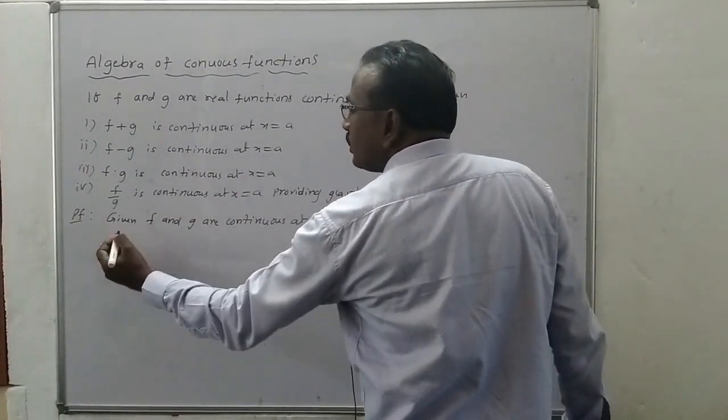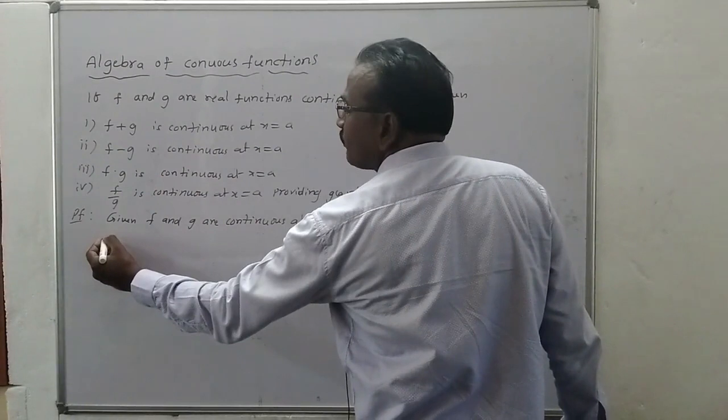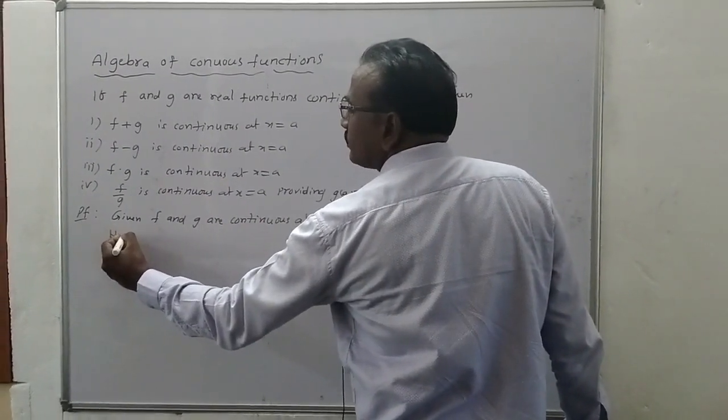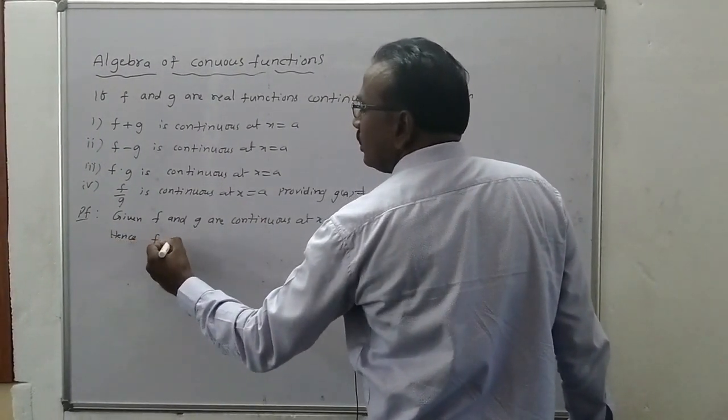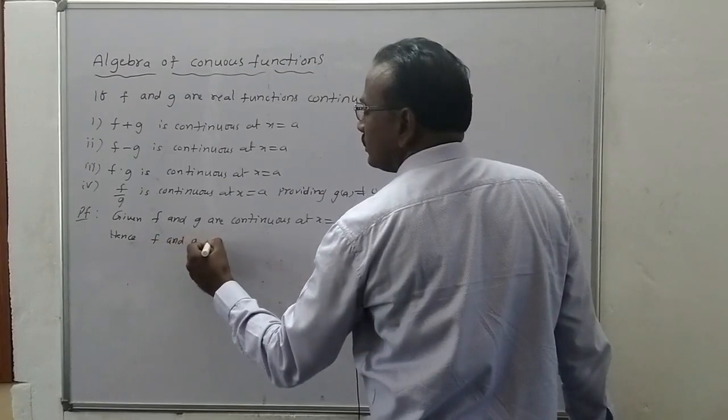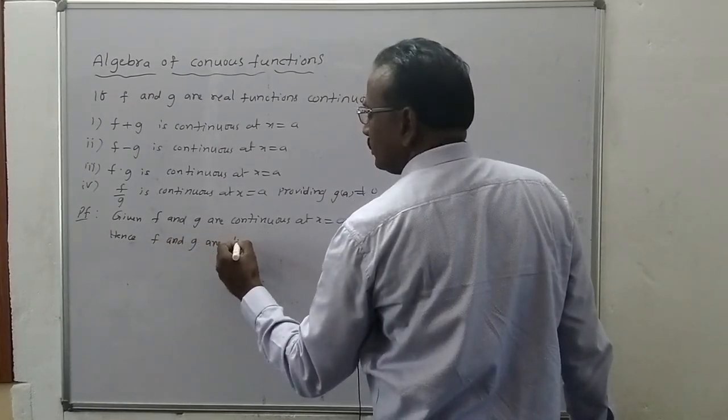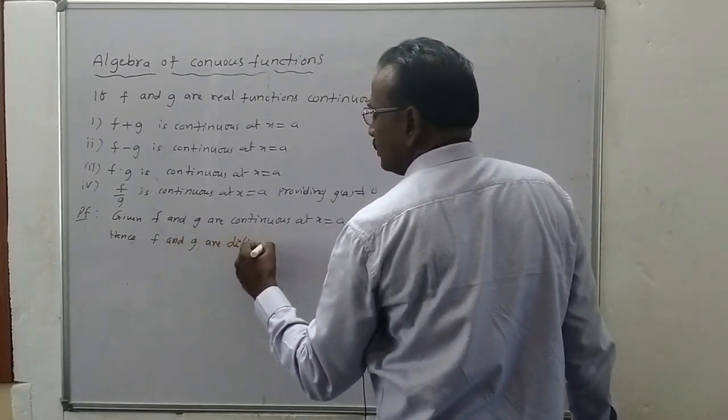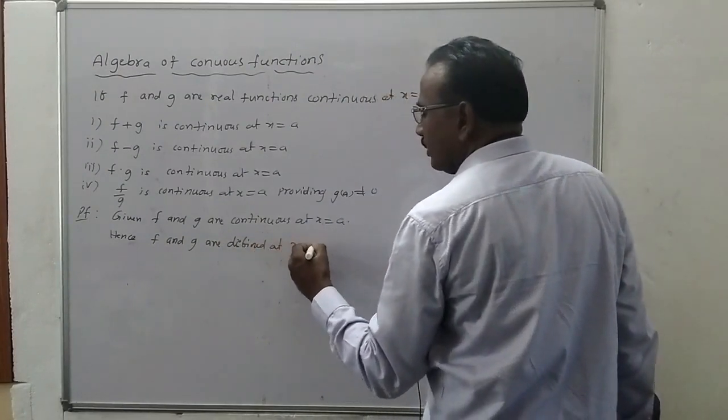So f and g are continuous at x is equal to a means, hence f and g are defined at x is equal to a.